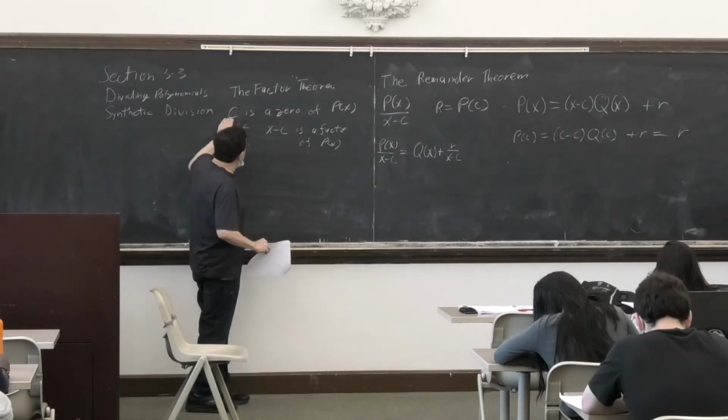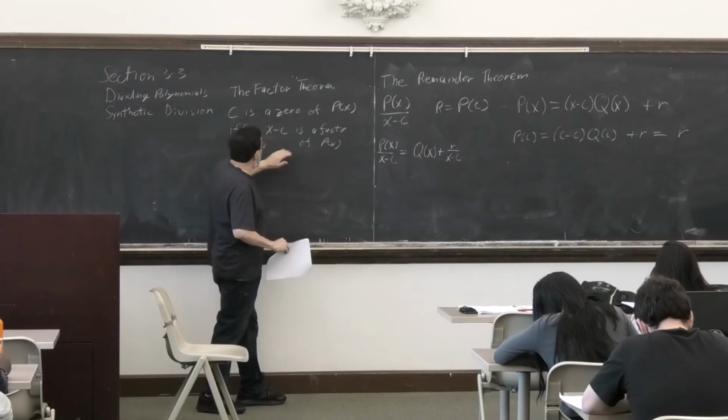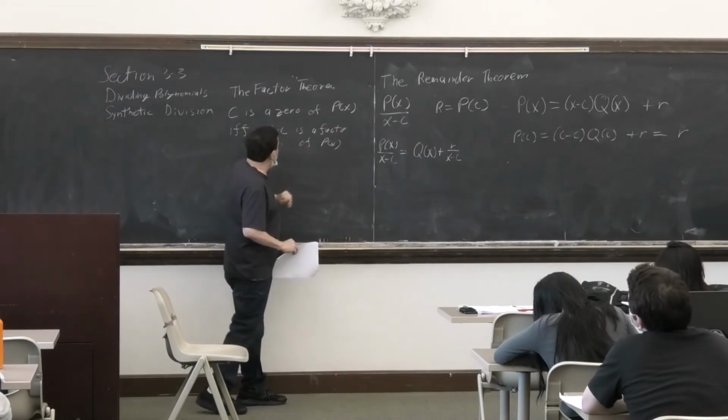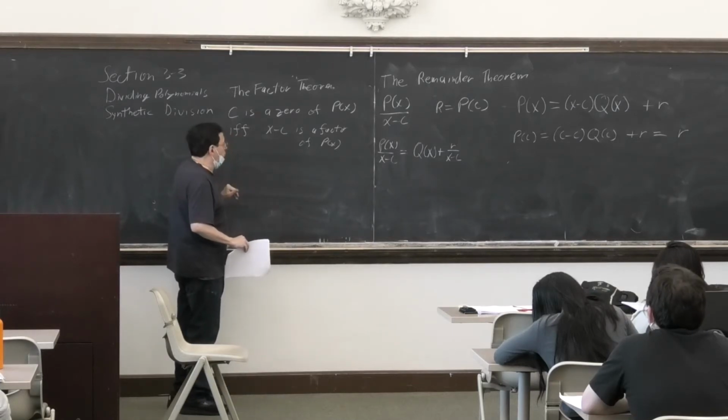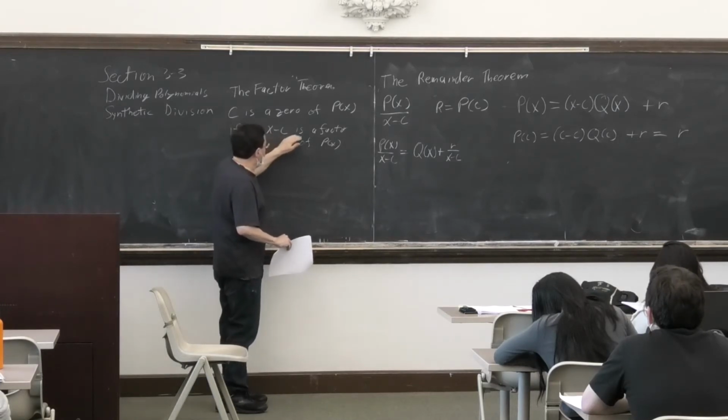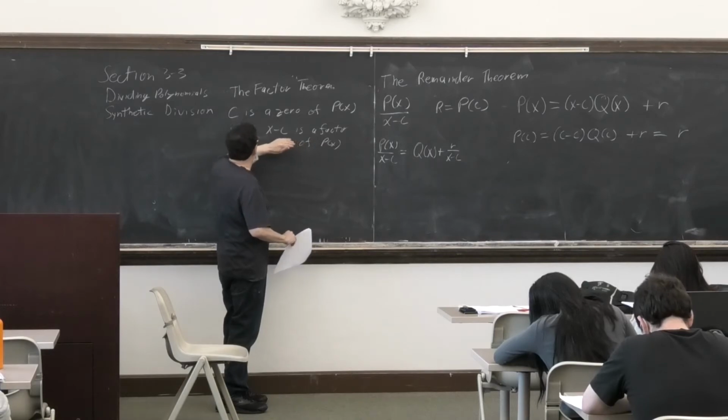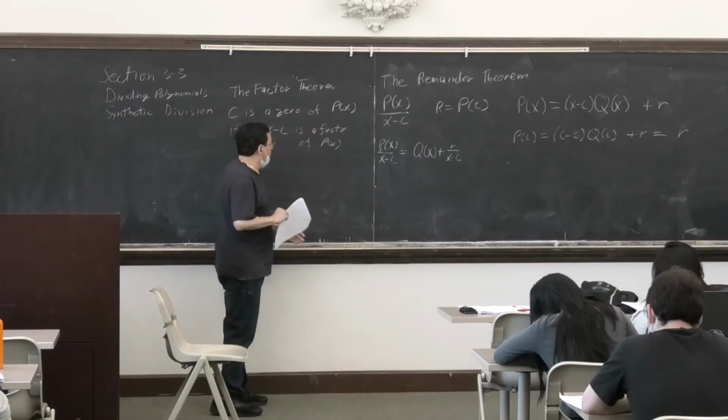If C is a zero of P of X, then X minus C is a factor of P of X. That's one theorem. If X minus C is a factor of P of X, then C is a zero of P of X.